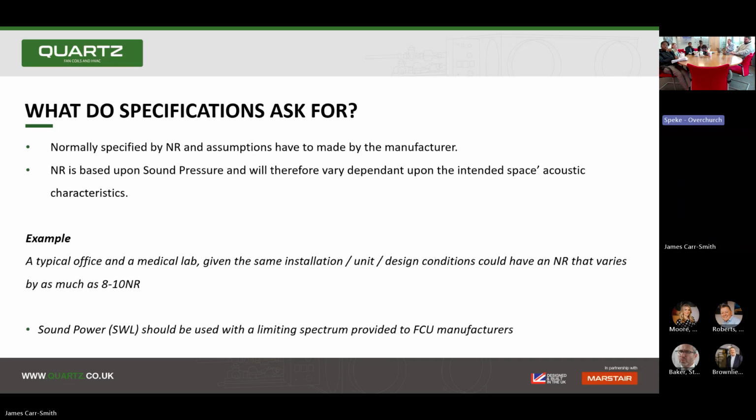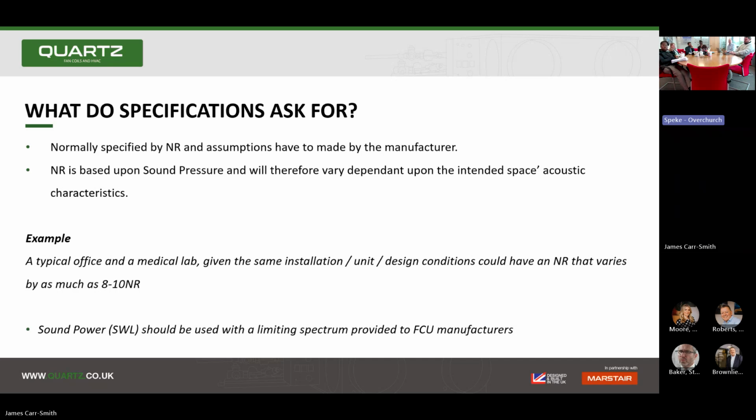so it does depend on the intended space. If that room is very different from a typical normal environment, then there will be an effect. One of the examples I gave is actually a real life situation that we came across. We did two different jobs quite close in time to each other.